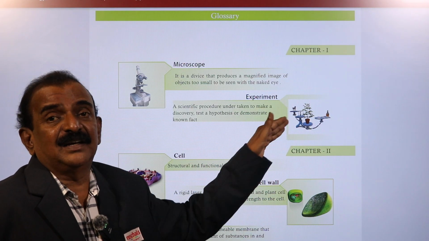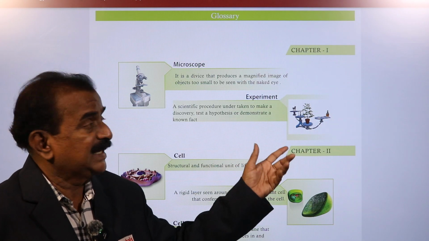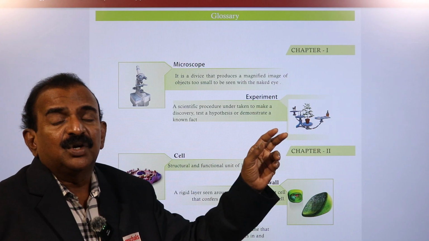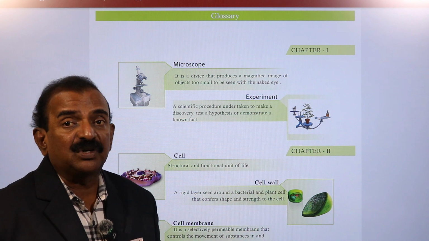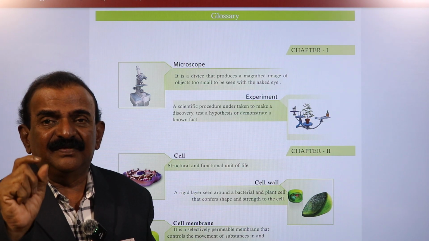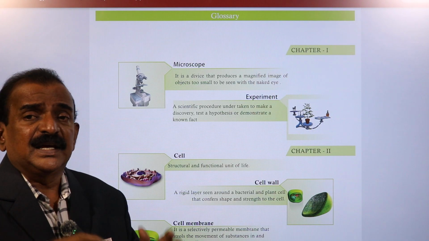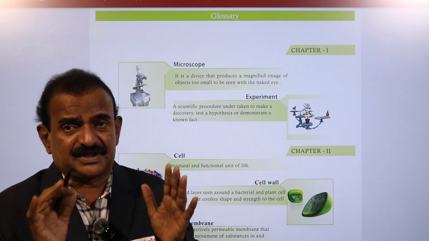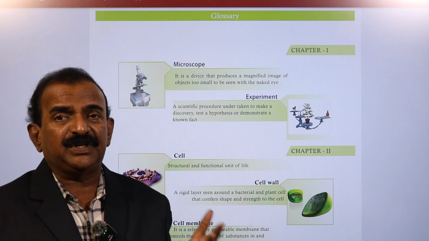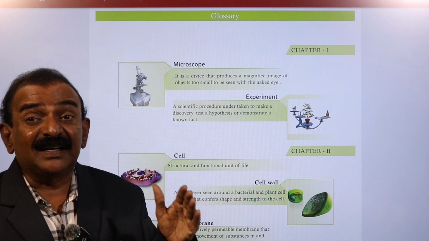The leaf kept in methyl spirit loses its color and becomes pale. Take that leaf out and keep it on a petri dish, and add a few drops of iodine. The leaf turns bluish black, which tells us that the leaf has starch. So this is a test for starch. An experiment has steps: aim, materials required, precautions, procedure, observation, conclusion. These are called experimental steps.